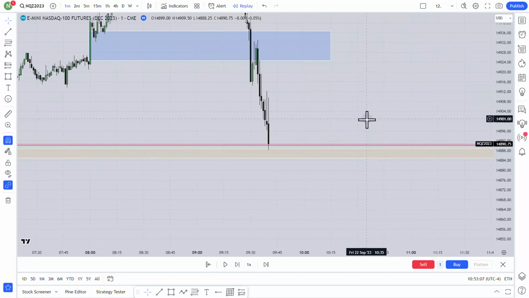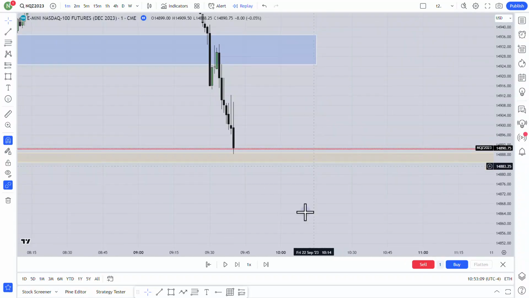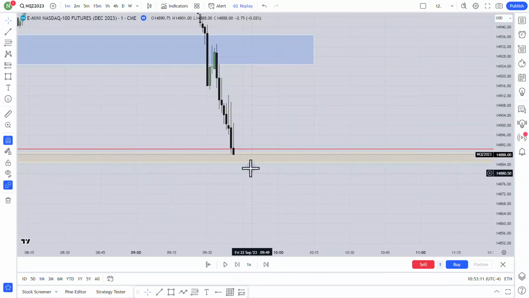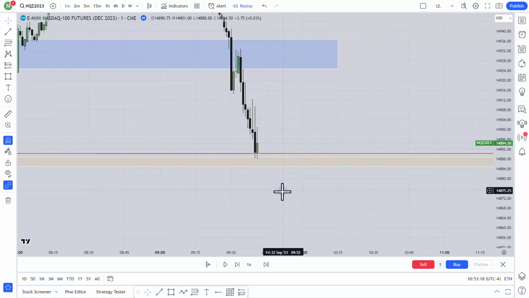Okay, let's go further. What it did, it cleared the sell side liquidity and just tapped the 5-minute fair value gap. One of my brothers yesterday asked me if I could make a video about how I know, after sweeping this liquidity, whether price will go lower or not.